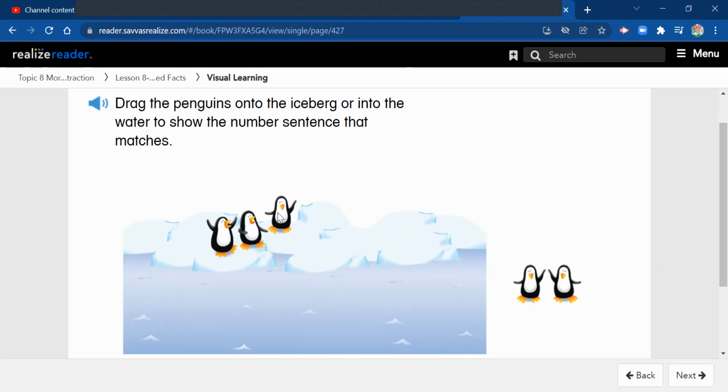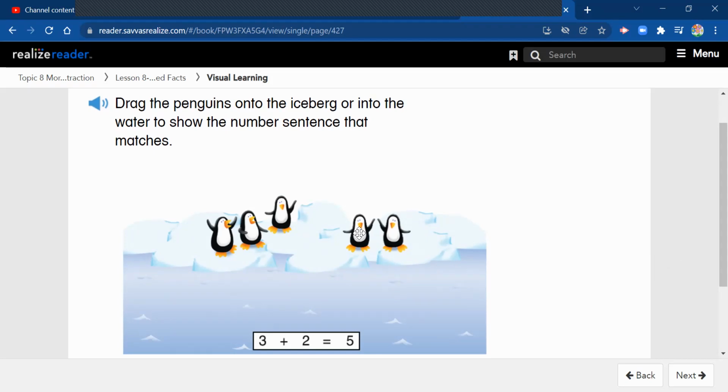So we're going to drag the penguins onto the iceberg or into the water to show the number sentence that matches. So let's bring these penguins over here. Now our number sentence is 3 plus 2 equals 5. We added 2 penguins, and now there are 5 in all. So that is an addition sentence.